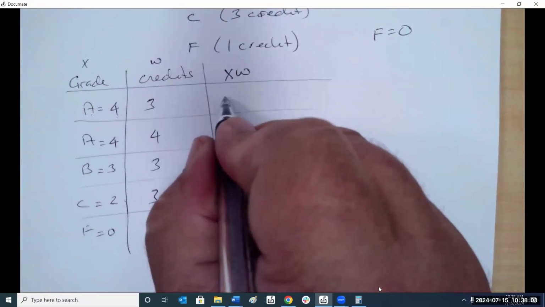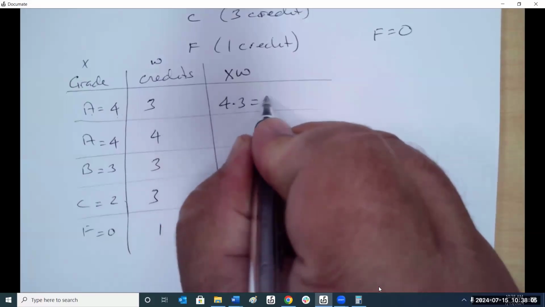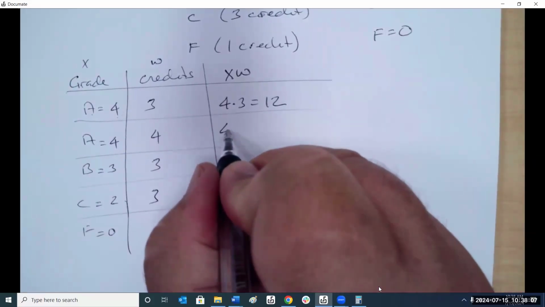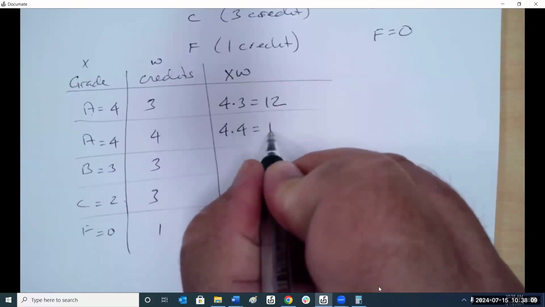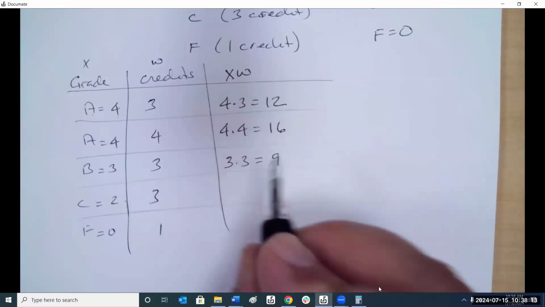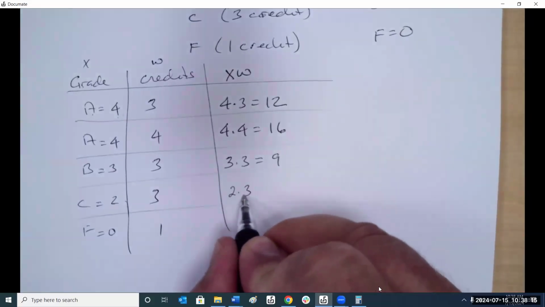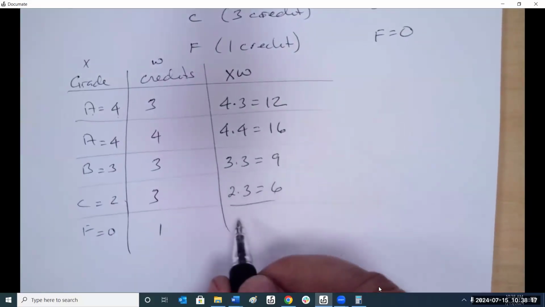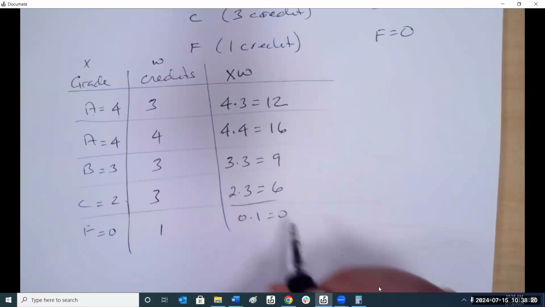So 4 times 3 is 12. 4 times 4 is 16. 3 times 3 is 9. 2 times 3 is 6. 0 times 1 is 0.